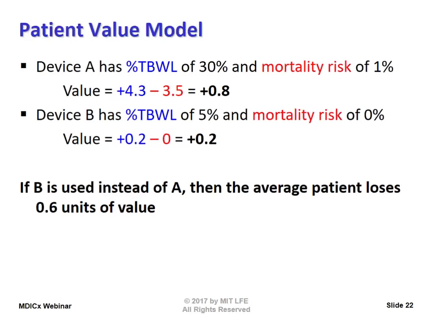So we see in this case, if device B is received instead of device A, then our average patient would lose 0.6 units of value. And so looking at these relative differences between patient preference scores, we can see how we can quantify the harm caused by using an inferior treatment in the case of a type 1 or a type 2 error.